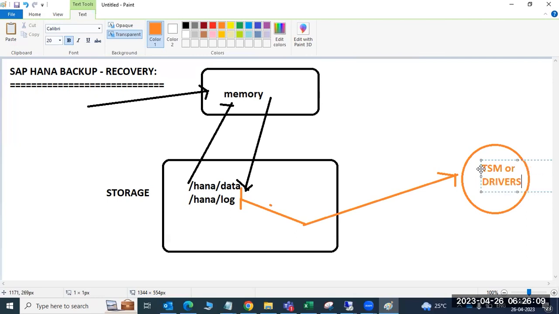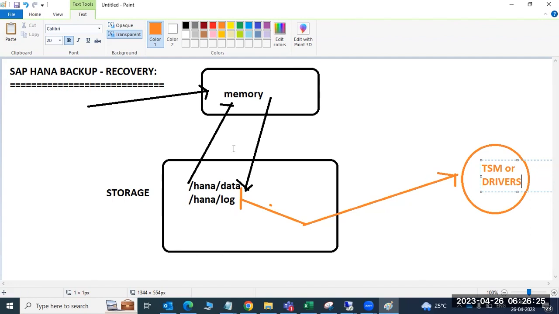If the entire box crashes, we can take the backup from the Tivoli external storage, keep it here, and then do the restore activity.